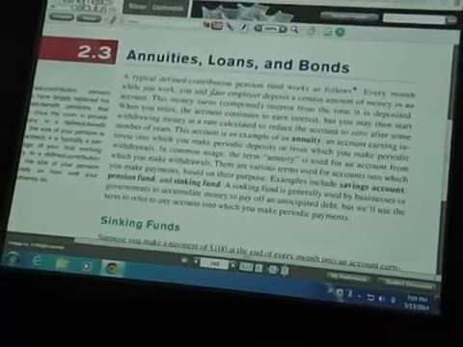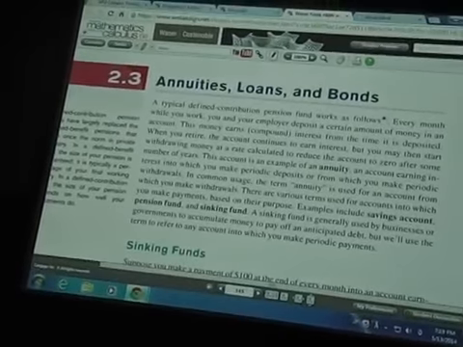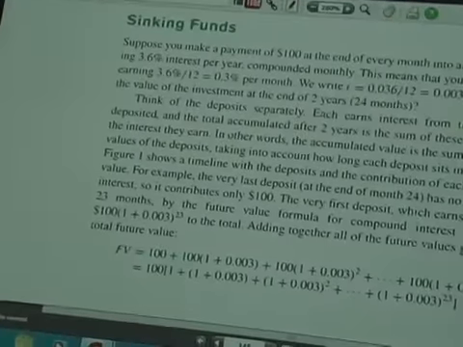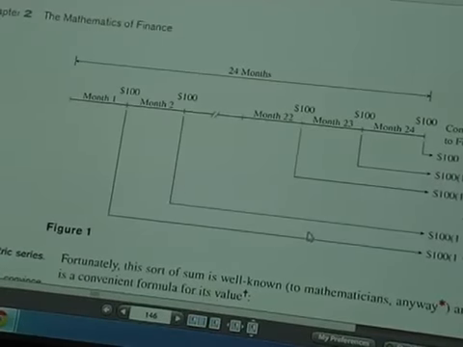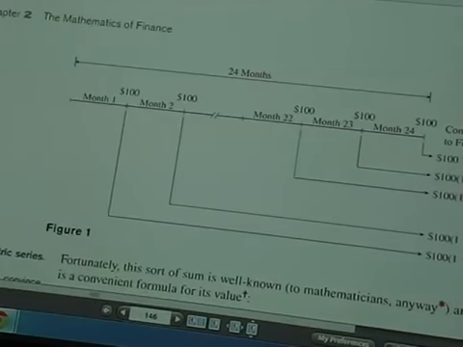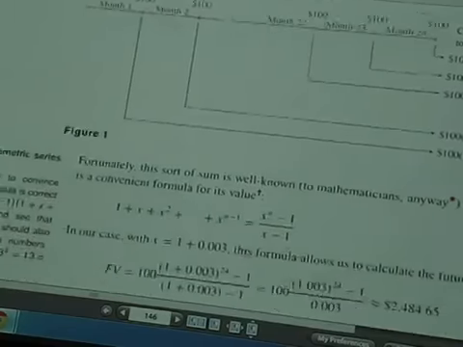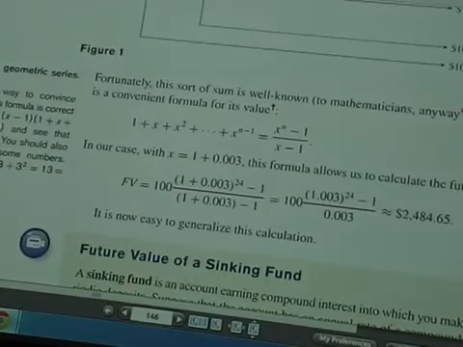Okay, let's talk about what this word annuity is. Or actually, before we talk about it, let's look at an example.